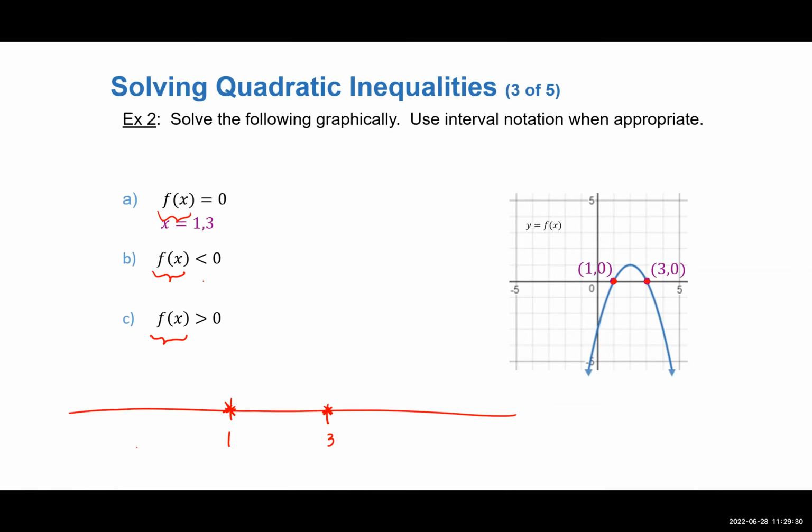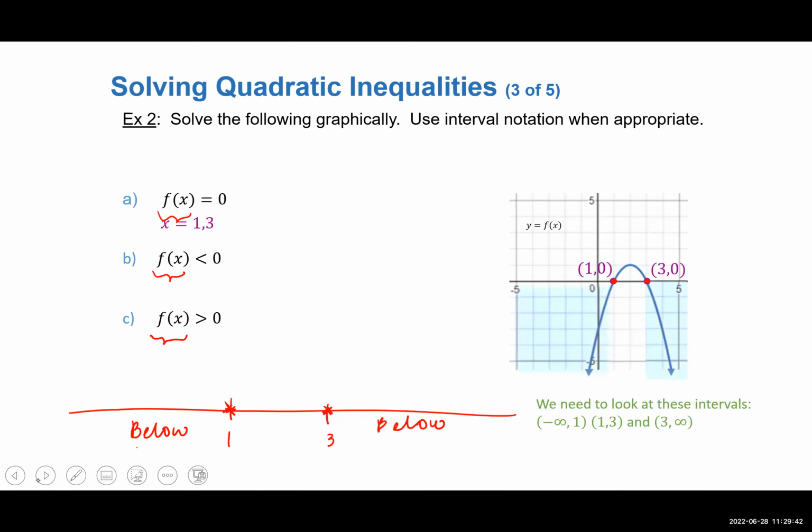Where is it below? It looks as though it's below over here and over here. So from -infinity to 1 and from 3 to +infinity. Where is it above? Only between 1 and 3.